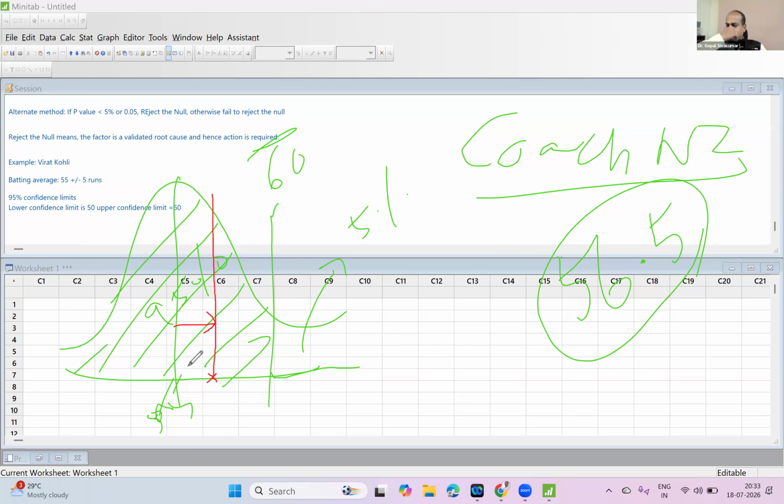Would you like to give this credit to the coach and make the appointment permanent for 1 year? Maybe he has to be paid in crores, let's say 2 or 3 crores a month. Are you doubtful, or are you very confident that the average has improved?